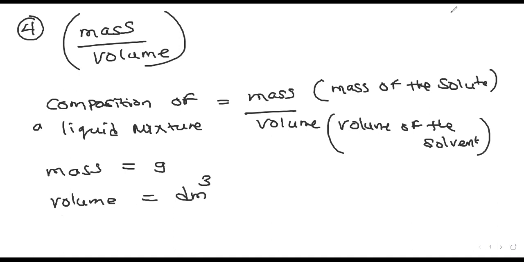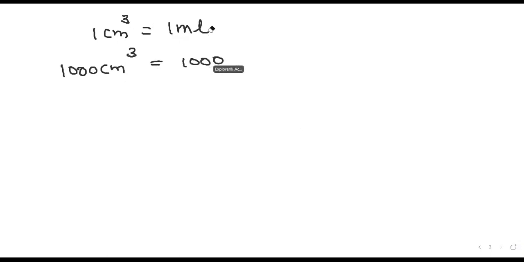After writing this, you have to know the relationship. Actually, 1 centimeter cube is equal to 1 milliliter. In 1 centimeter cube of a volume, you can store 1 milliliter. So 1000 centimeter cubes would be equal to 1000 milliliters.